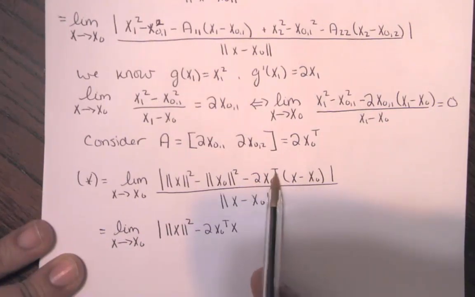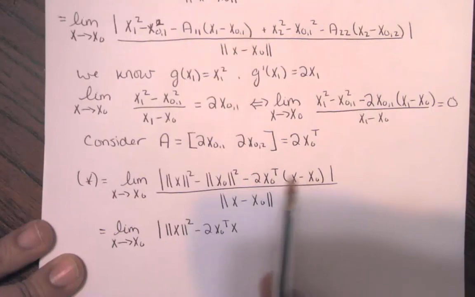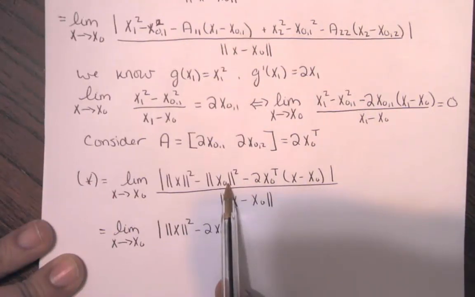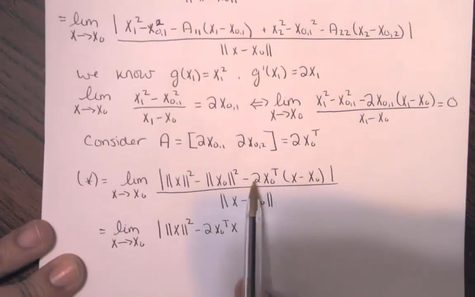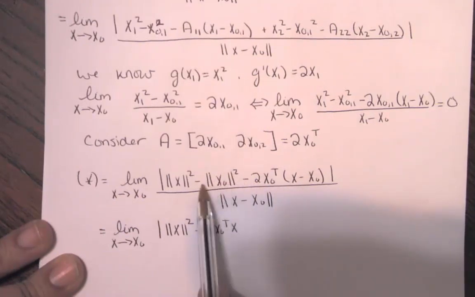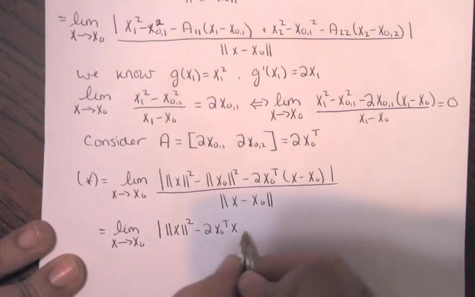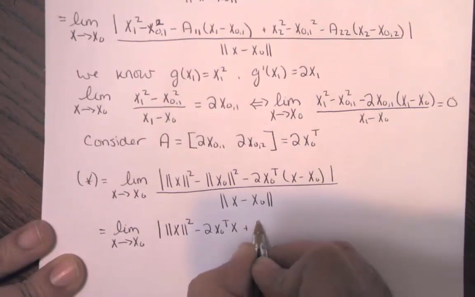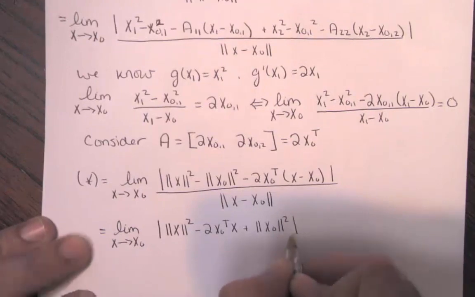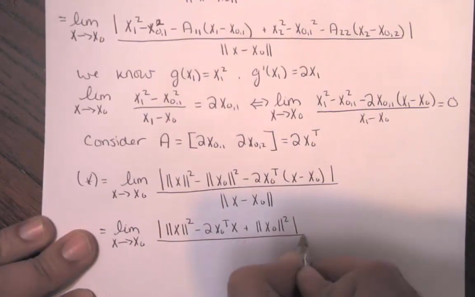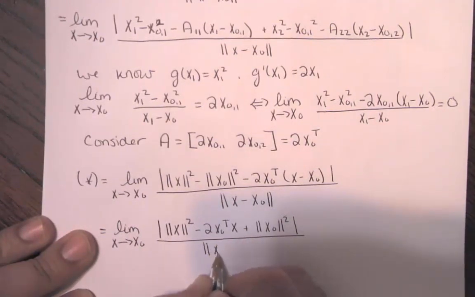Now x naught transpose x naught is just the norm of x naught squared. And this double negative means I'm adding 2 of these to this negative 1 of these. So I get plus the norm of x naught squared, divided by the norm of x minus x naught.